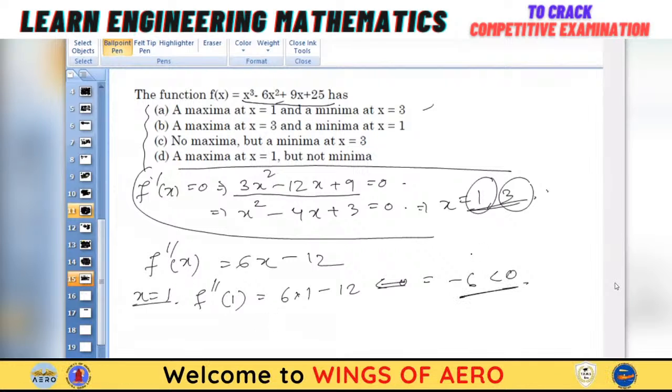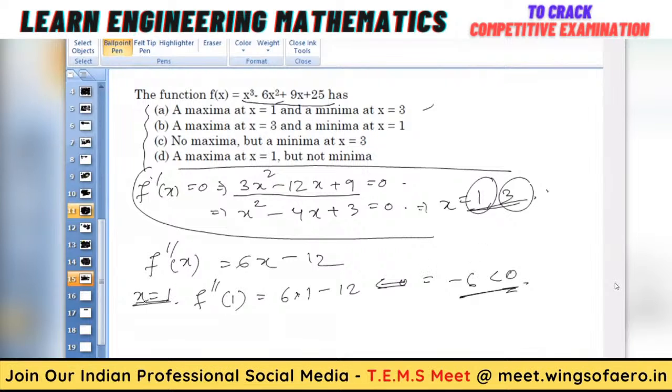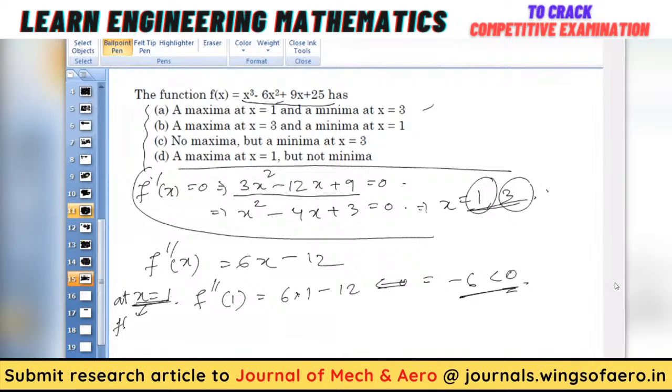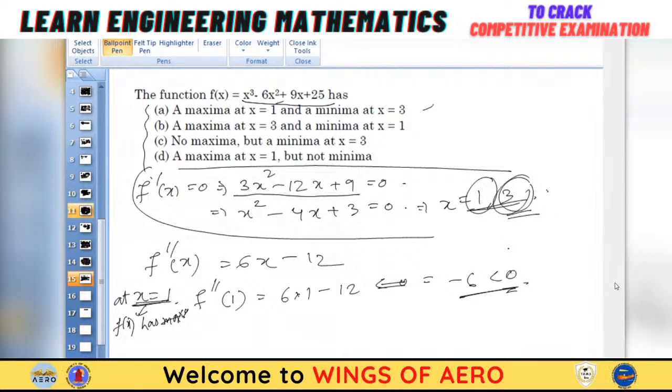So at x equal to 1, it is minus 6 and it is less than 0. Less than 0 means at x equal to 1, the function f(x) has a maximum value, or maxima. Now another point is left, which is 3.